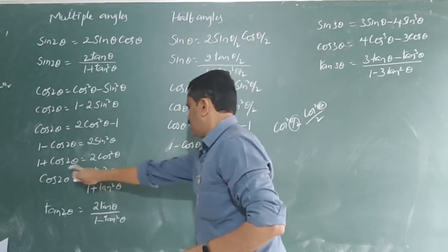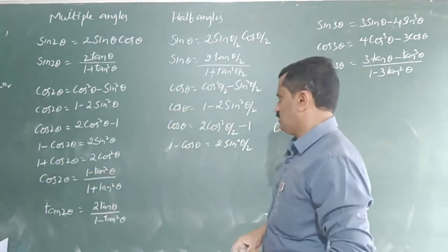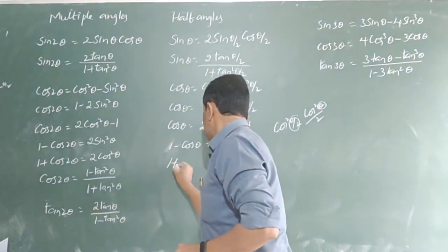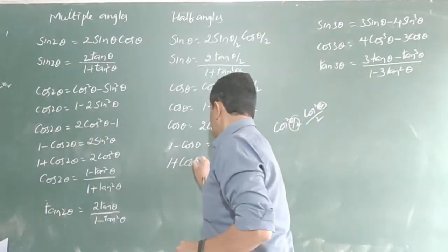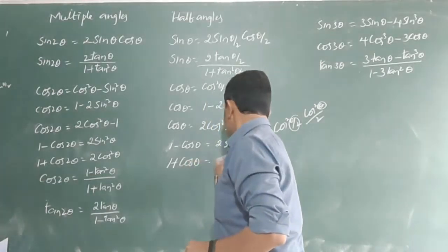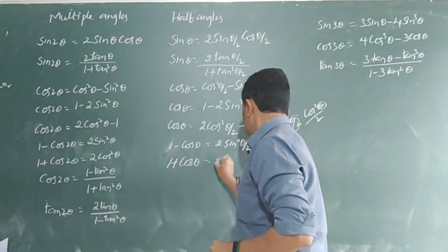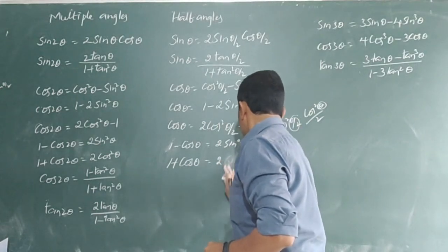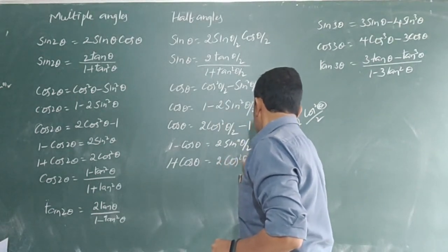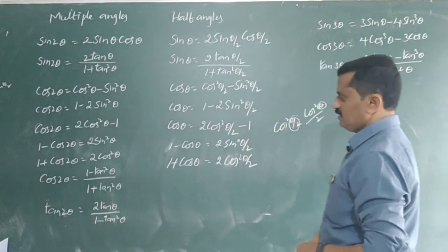Again, 1 plus cos theta is equal to 2 cos square theta by 2.